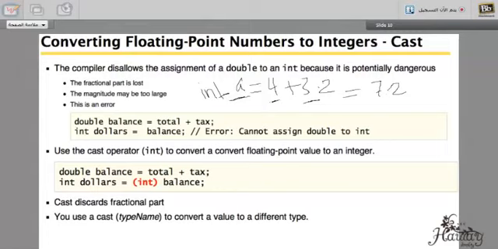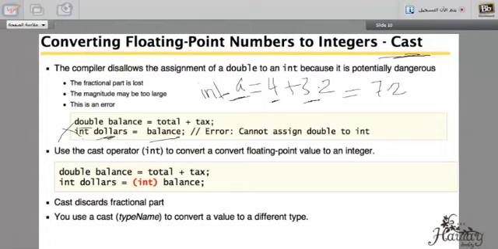We have two ways of doing conversion. The first one is called casting, which works like the following. If you have a balance of type double, and you say int dollar equals balance, it will be incorrect, because the dollar is integer and the balance is double. Now, what if you want to have balance as an integer? You have to do this little operation. Excuse me, my voice is gone. I've just had a full lecture beforehand.